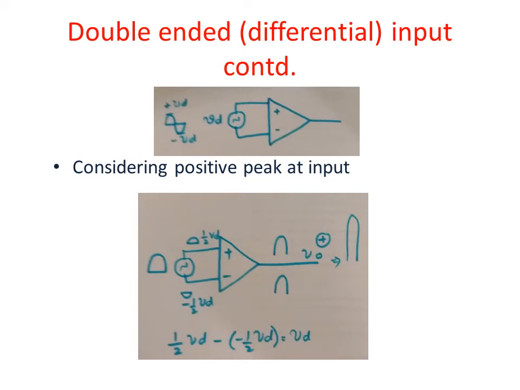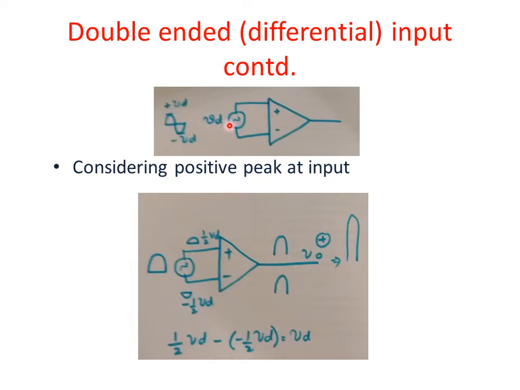In your experiment session, in your practical session, you will be studying different instruments, one of which is called a function generator. A function generator is a device which has the ability to generate sine waves, triangular waves, and square waves of different frequencies, and that function generator has two terminals.